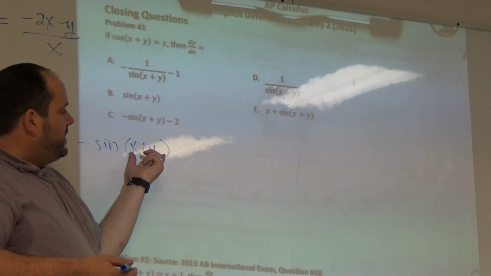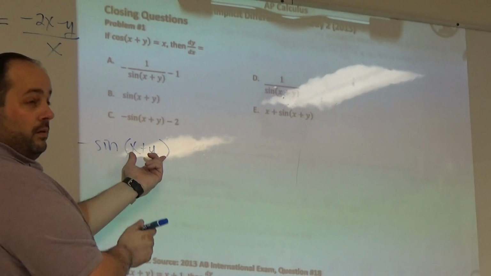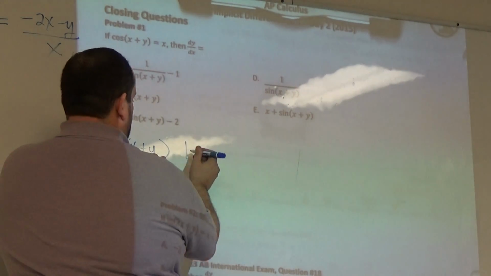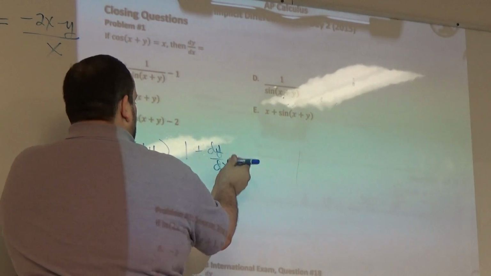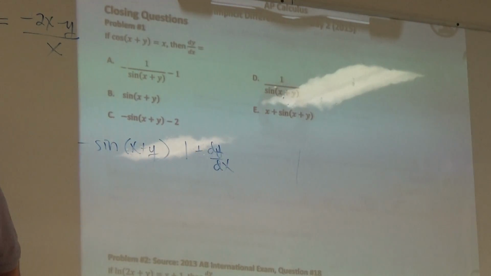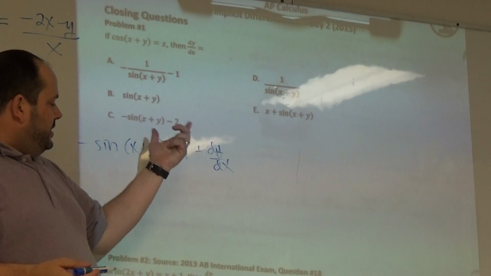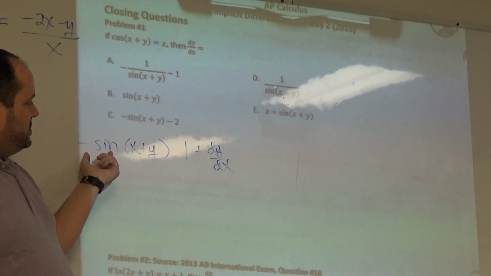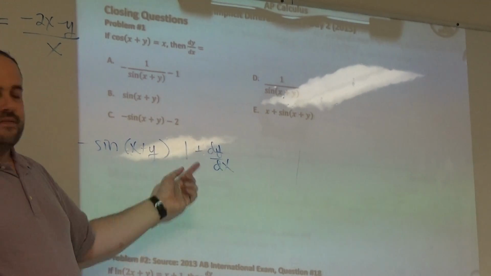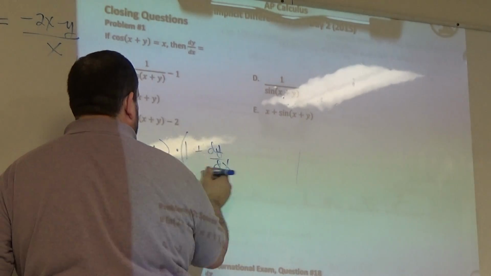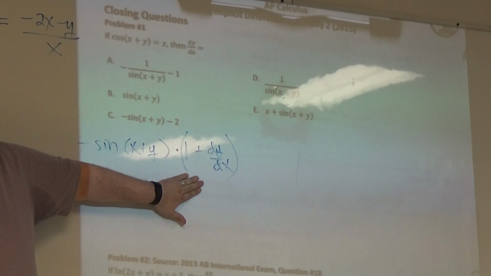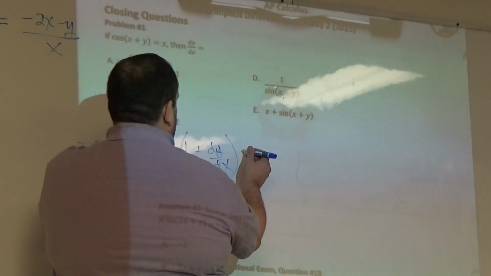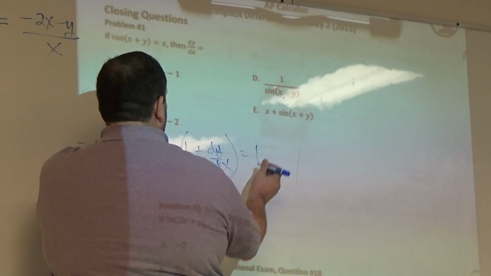Now, Amy, what's the derivative of x plus y going to be? 1 plus dy over dx. Now here's the thing where things are getting messy out there. The chain rule says it's going to be negative sine of stuff times the derivative of the stuff. I really need to see parentheses around that whole expression because that all represents the derivative of the baby. And all that is going to be equal to 1.